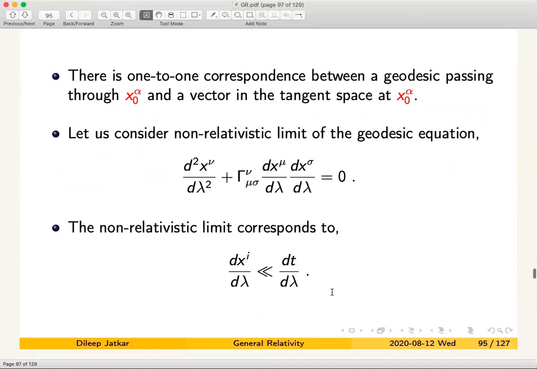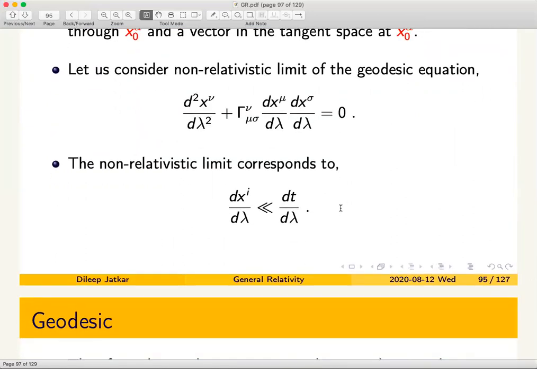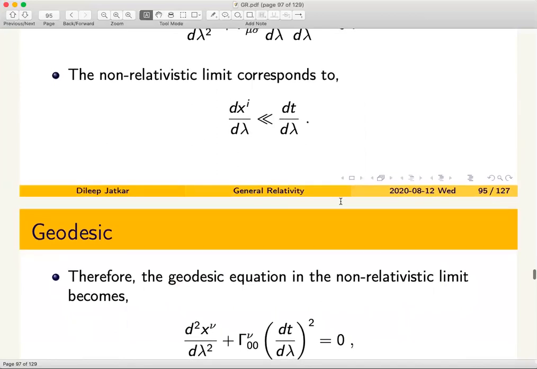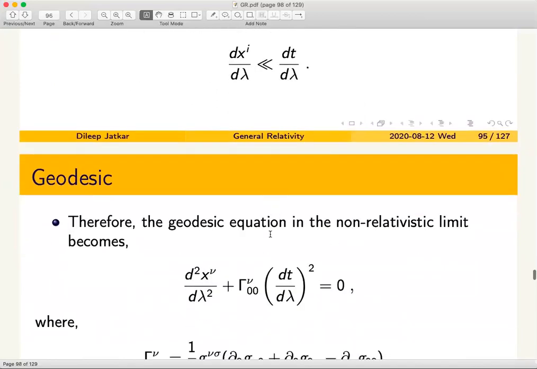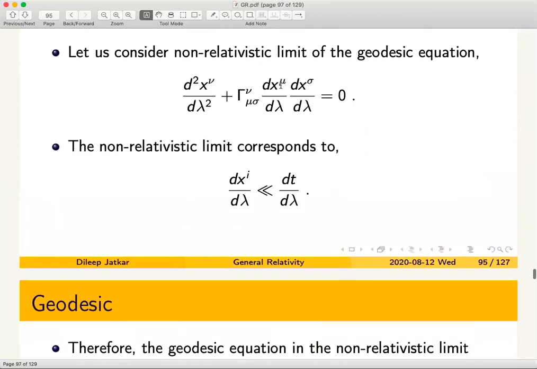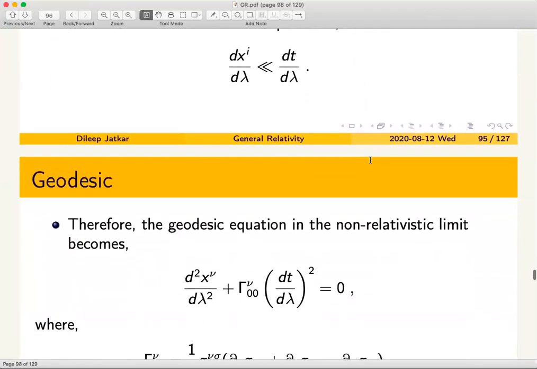So we'll substitute this back into the equation and ask what happens. In the non-relativistic limit, we reduce the dx mu by d lambda, dx sigma by d lambda terms to dt by d lambda squared, because those are the dominant quantities.